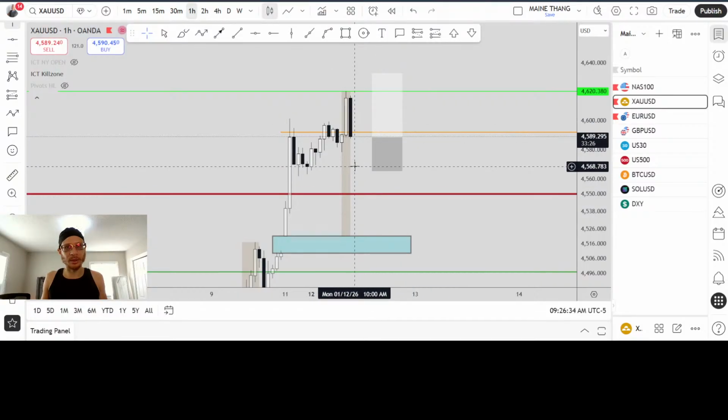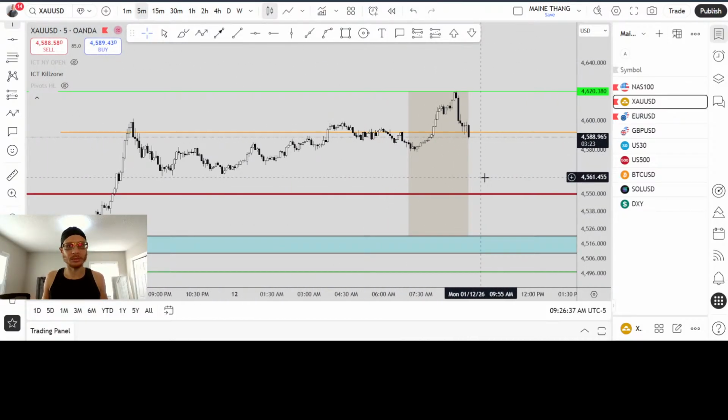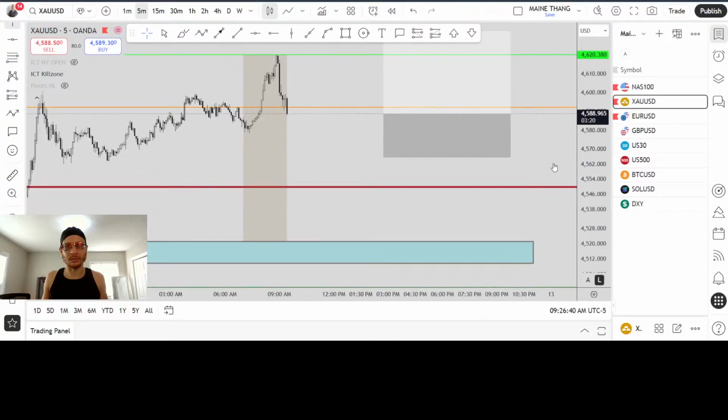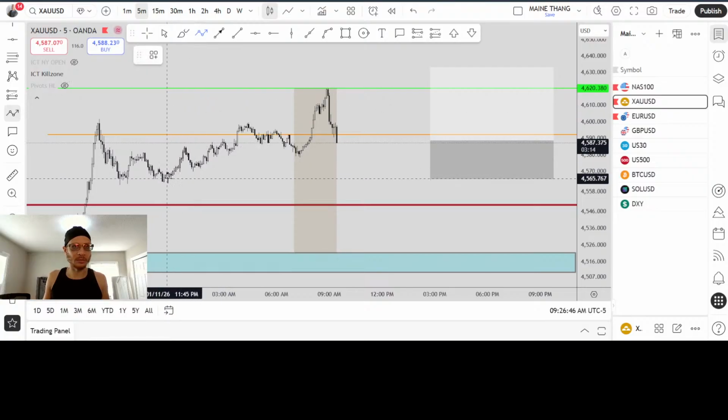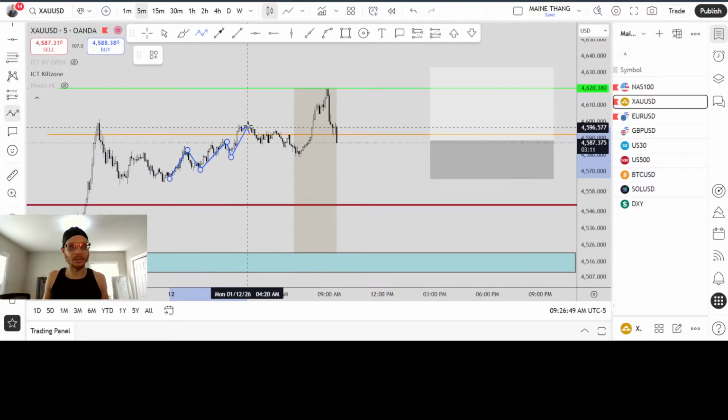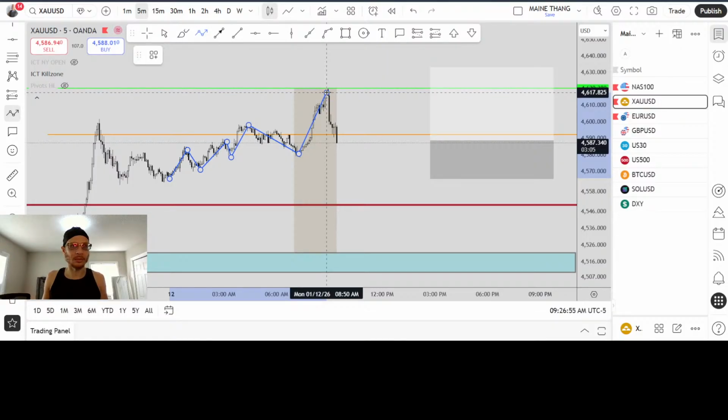The price looking like it wants to dip back down. Going up, down. And we want to see this hold. If this doesn't hold this support right here, then definitely not interested.